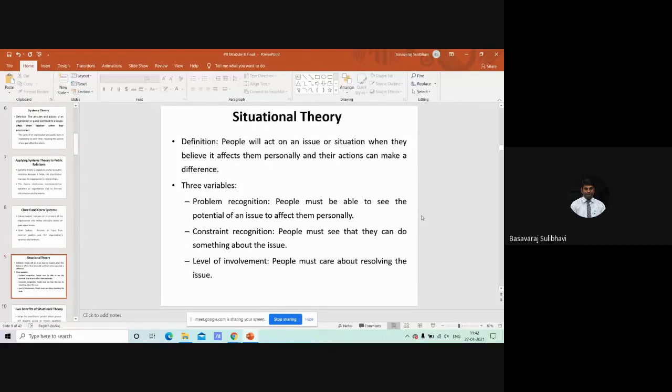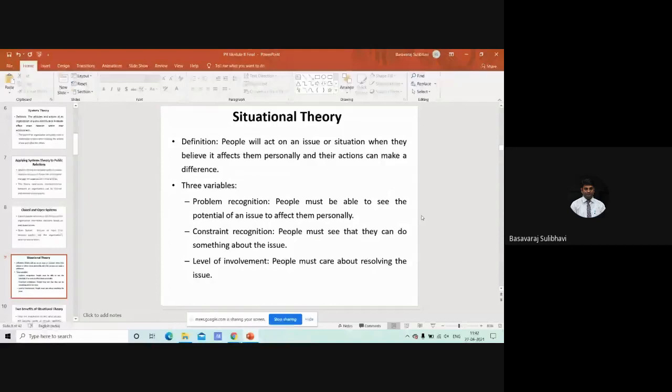Sometimes they can give some inputs to the organization. If they are ready to give inputs, involvement is very high, and they want to resolve the issues. It means that they are too much indulged in the PR events, in what practitioners are doing from the side of the organization.